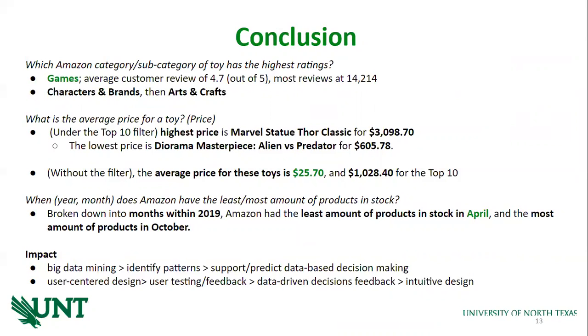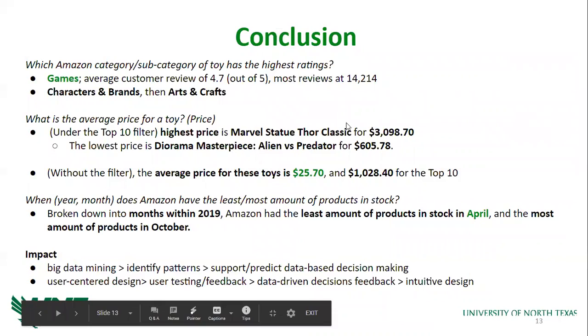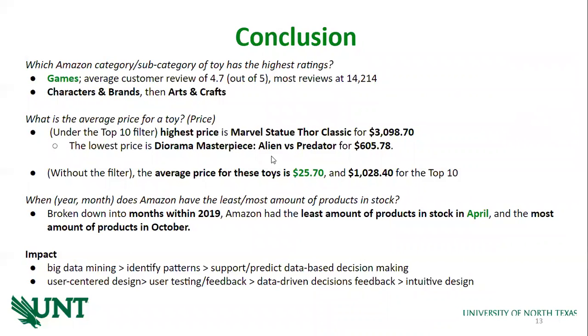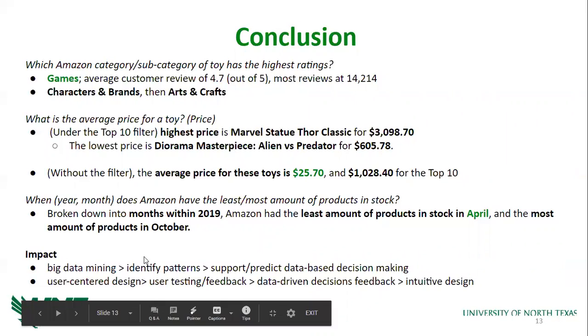Doing the top 10, obviously, like I said, is a big outlier. But we do know that somebody's willing to pay $3,000 for a Thor statue, but we want to keep our price somewhere between 25 and 50, 100, depending on what the toy is, if we want to hit the average American.